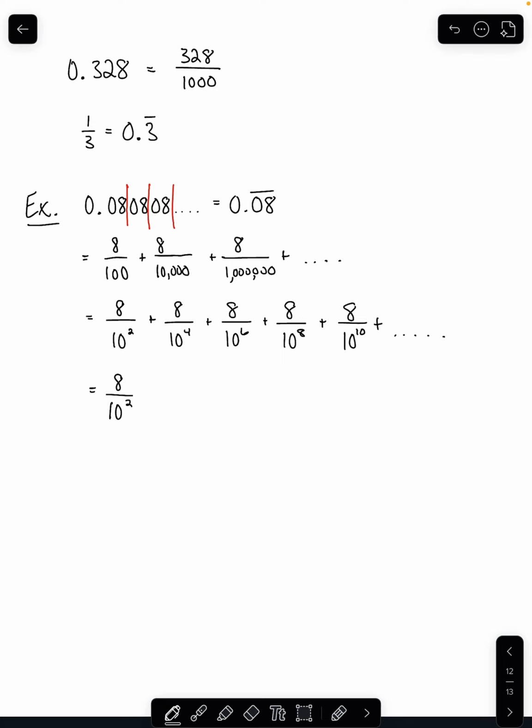And then for each other term, the exponent is now doubled in the denominator.